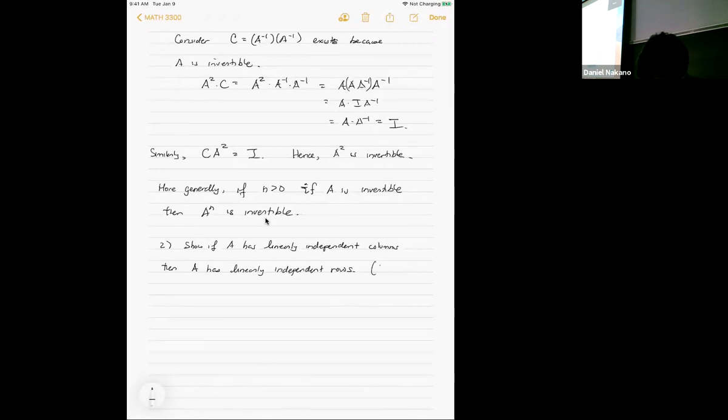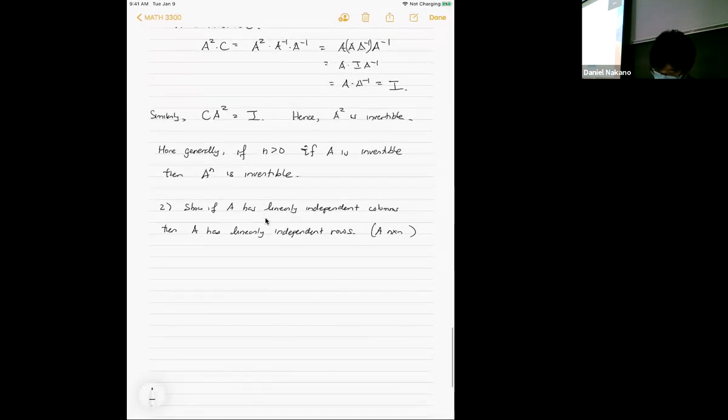Okay, so here A is always n by n. Okay, so it's not true if A is not n by n. If it's a square matrix, this is true. All right, so let's try to reason this out. So suppose A has linearly independent columns.